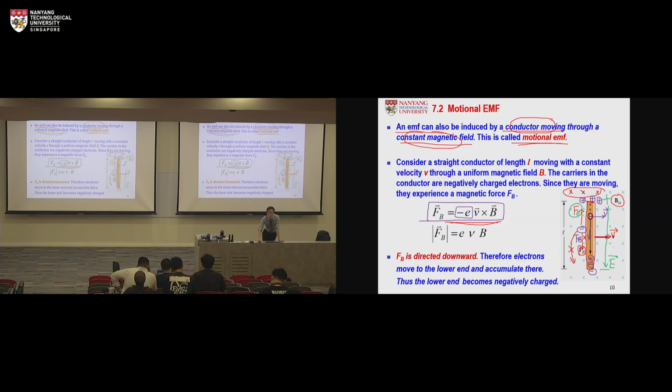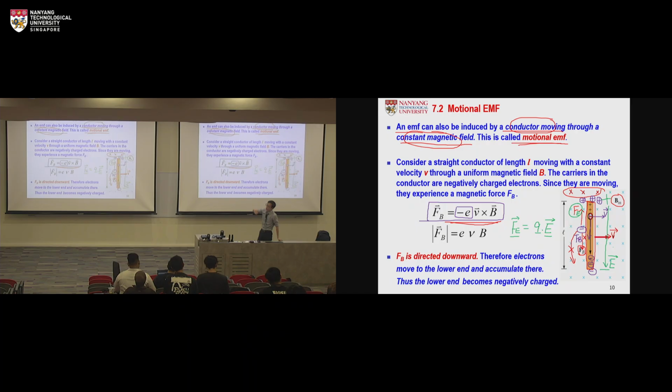Again, we are talking about an electron, so FE equals Q times E, right? Also, we are talking about negative charge, so the direction of FE and E are opposite. So this is going to be the FE.